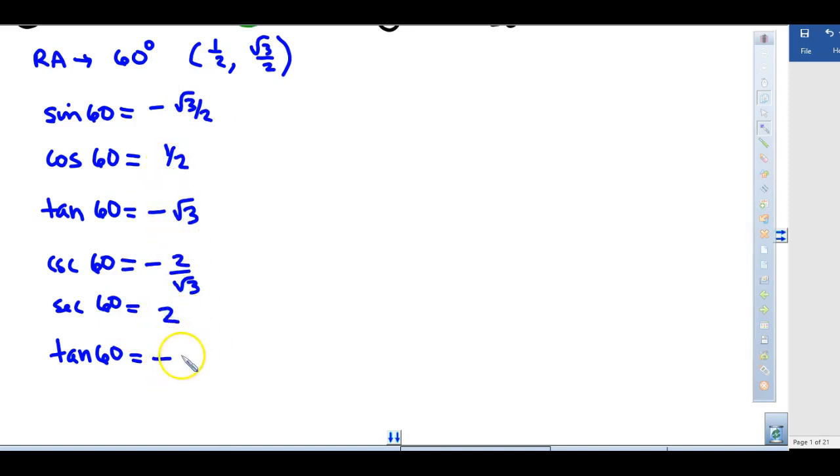And cotangent is the reciprocal of tangent. Okay? And you do want to know what these are with rationalized denominators. Okay? And that's all there is to it.